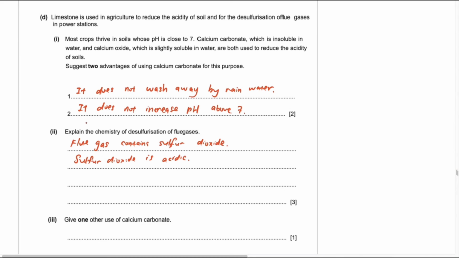Okay. Then we said calcium carbonate reacts. Calcium oxide is fine also. React with sulfur dioxide through neutralization.